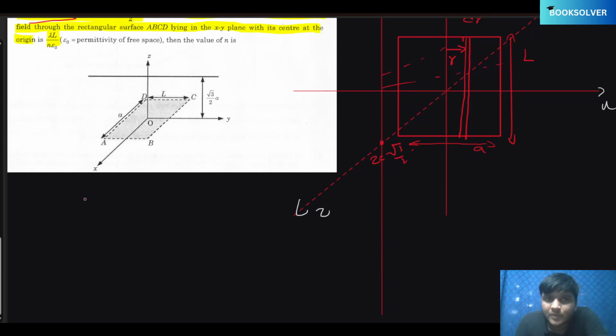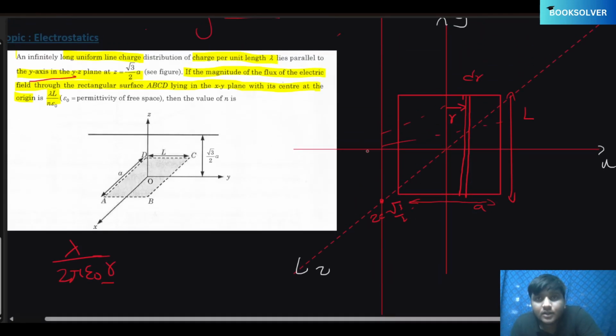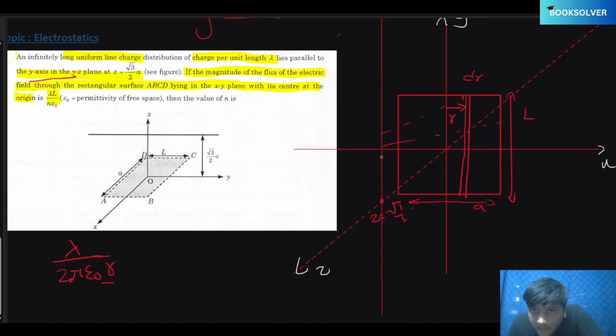First of all, what is the electric field due to a long line charge? It is lambda by 2 pi epsilon naught r, where r is the distance from our long straight wire or rod. So what is r here? We can clearly apply the Pythagoras theorem.